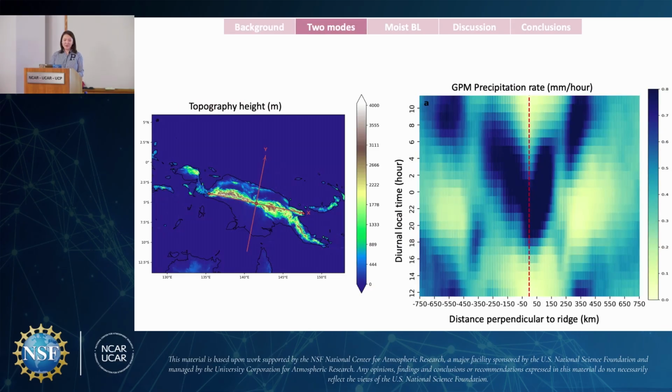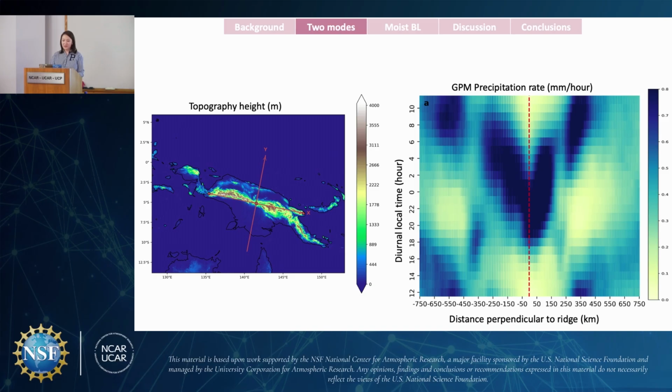For the first question, we constructed two different kinds of coordinate systems to quantify different stages of offshore propagation. First, in the left panel, the colors represent the topography height. New Guinea features a mountain ridge over 4 kilometers high, which contributes to land-based convective initiation in the diurnal cycle.